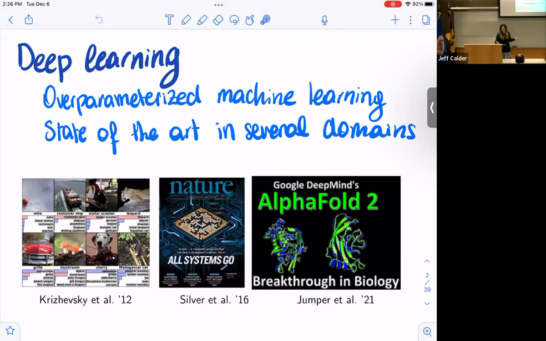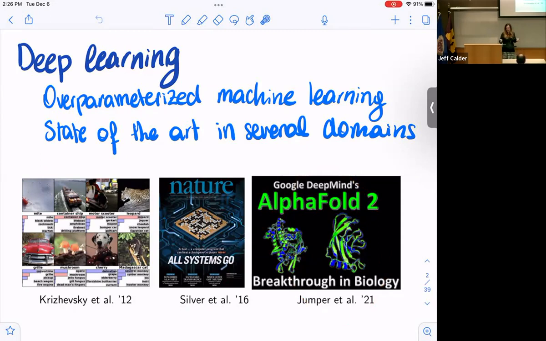And recently there has been a breakthrough with machine learning models that can do protein folding, or predict how proteins will fold. I'm not going to talk about deep learning per se, but this is in the context of that.